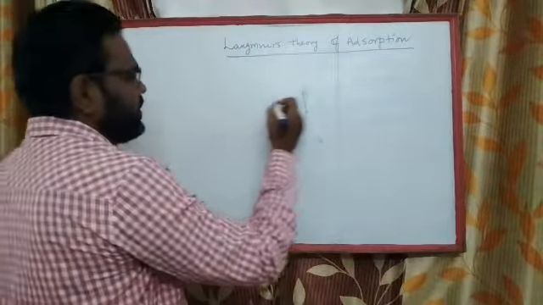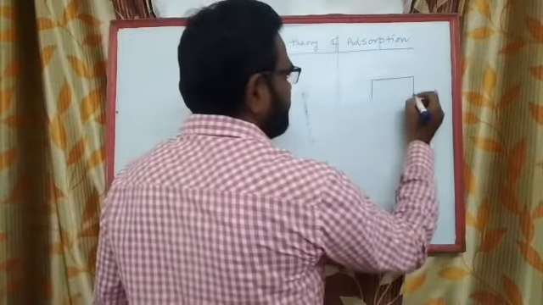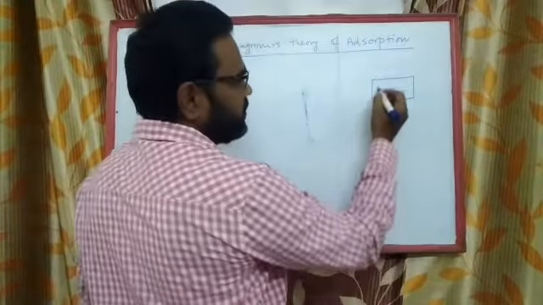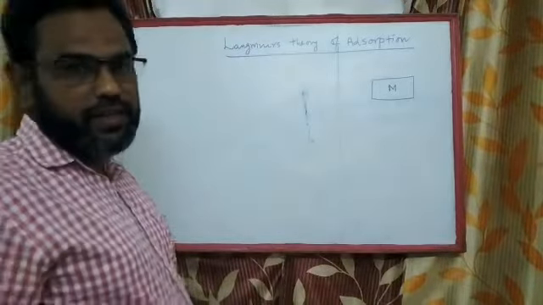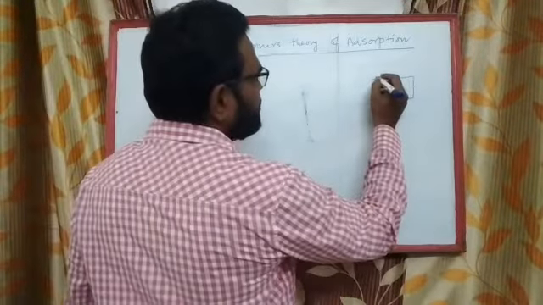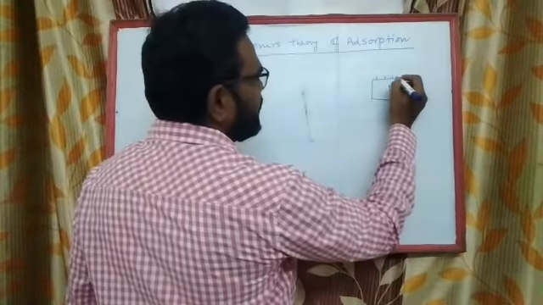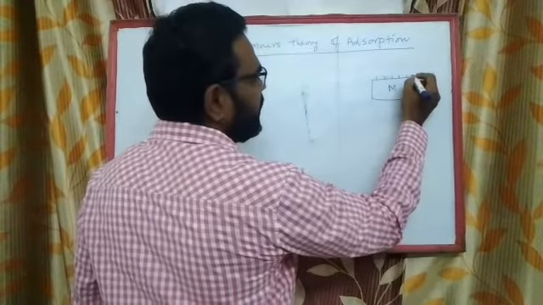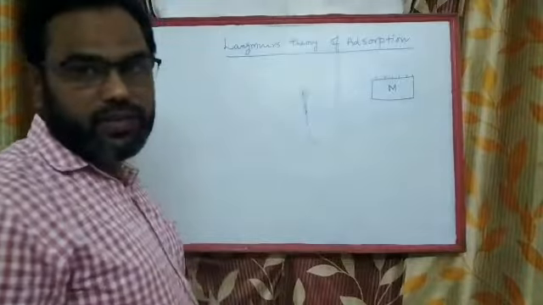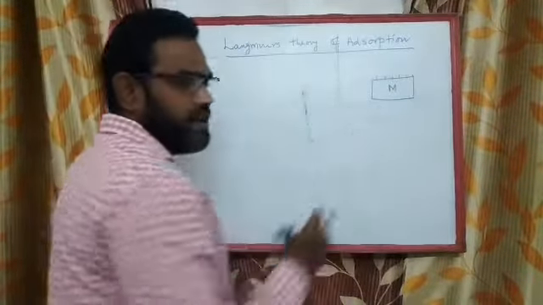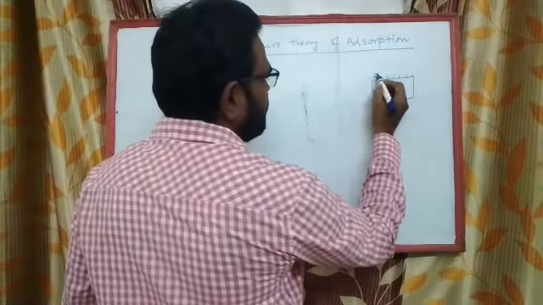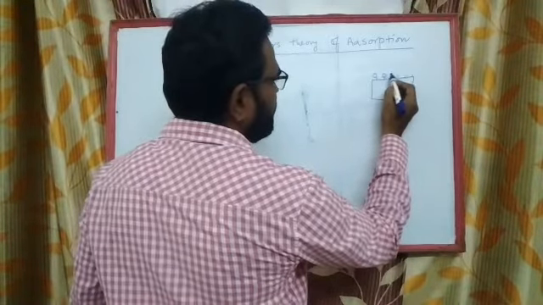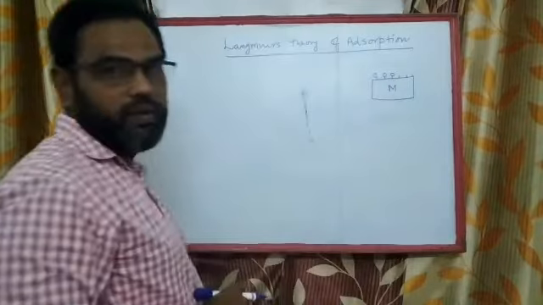So let us see this as the adsorbent, the solid surface. The adsorbent is the solid surface, and this has some reactive sites. The surface is uniform, and it possesses some reactive sites. All the reactive sites are equivalent, and the adsorbed molecule sits and occupies some places.